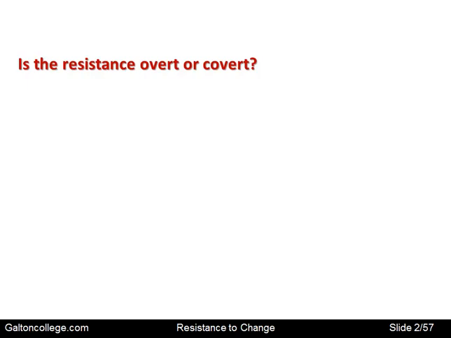So there are two types. One is the outward one, where it's obvious that people resist the change, and the other type is where they keep it inside, that they're not happy, they don't like what's been proposed, and they're going to resist it in some way, but it's not very obvious how.